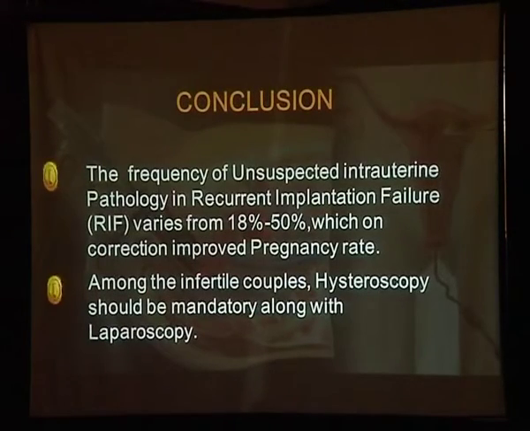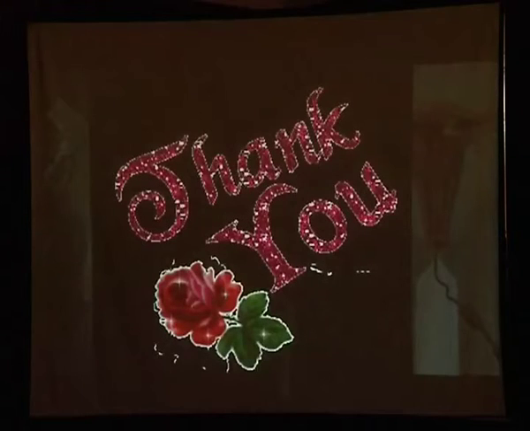The frequency of unsuspected intrauterine pathology in recurrent implantation failure is 18 to 50%, where correction improved pregnancy rate. Among infertile couples, hysteroscopy should be mandatory, along with laparoscopy. If more than 6 cycles have failed, go for laparoscopy. I am very thankful to Dr. Ramaraju for giving me this opportunity.